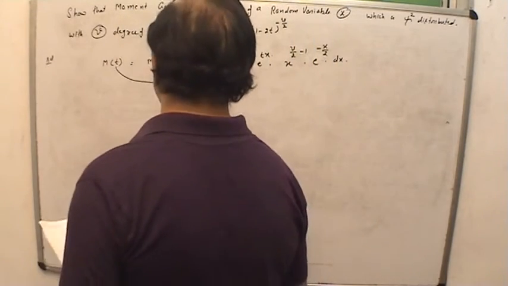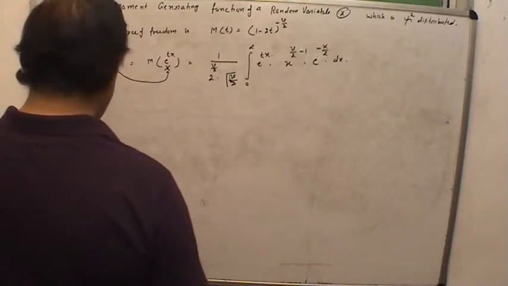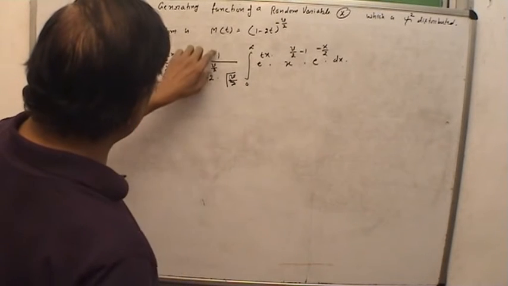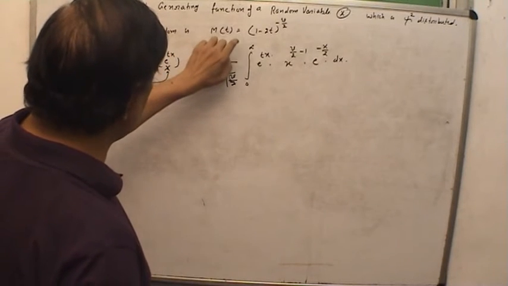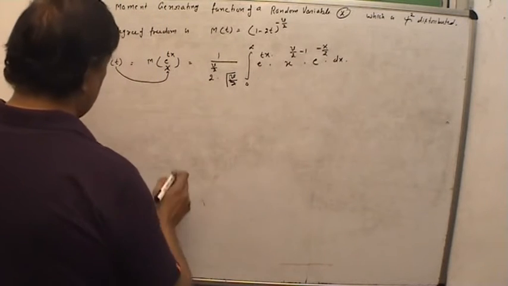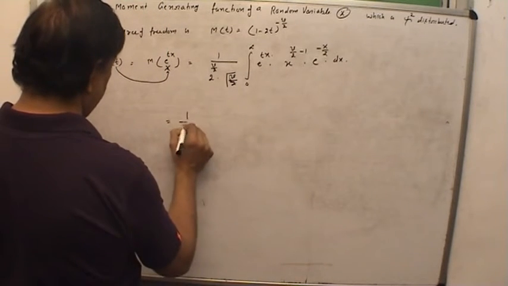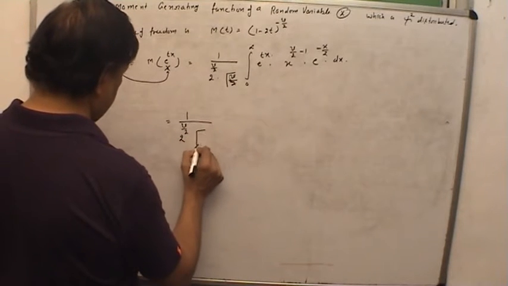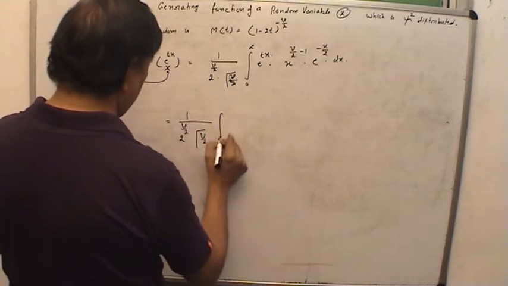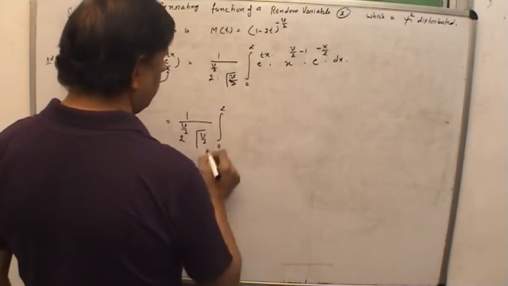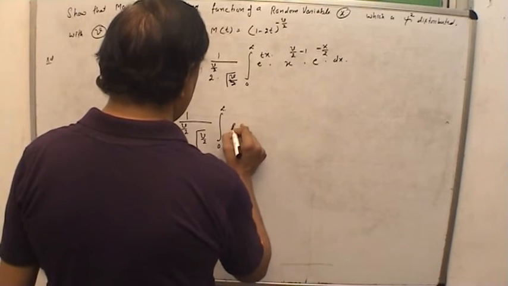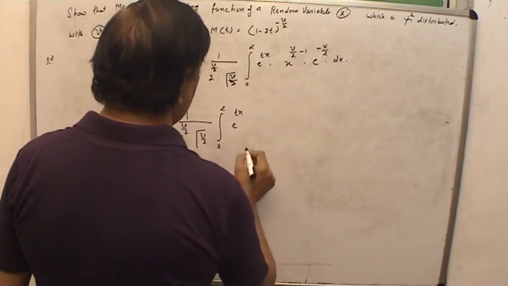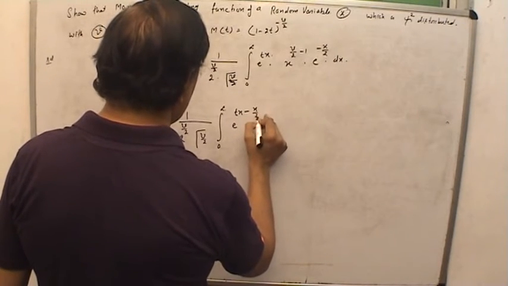Now it is a moment generating function, so we will have to calculate it. For the given result we have to prove M(t) is equal to this, that is equal to 1 upon 2 raised to the power v by 2 gamma function v by 2, from 0 to infinity, e raised to the power tx minus x by 2.